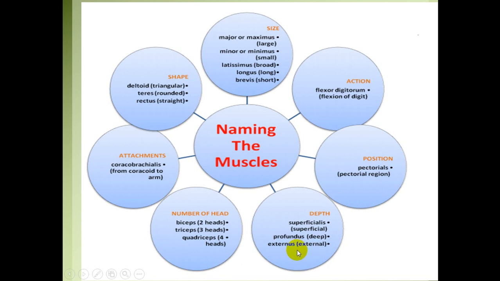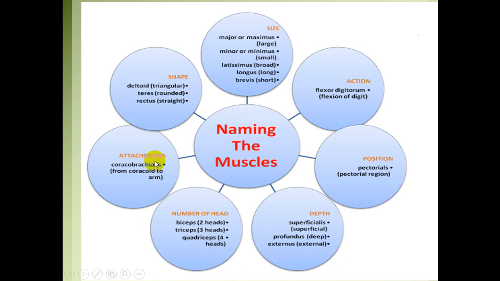We have examples from thoracic muscles, the external intercostal, internal intercostal. Then we have examples in upper limb, which are flexor digitorum superficialis, flexor digitorum profundus. According to the number of heads, they are classified as biceps, which are two-headed muscles, triceps, which are three-headed, quadriceps, which are four-headed.